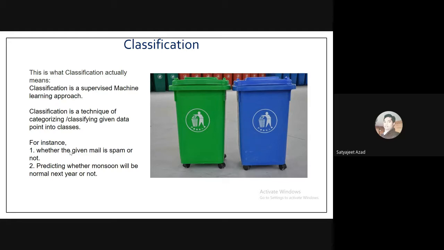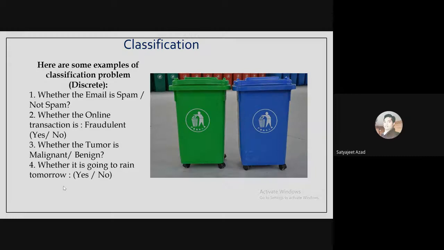Predicting whether there will be a monsoon next year or not is also a classical classification problem, because you are trying to predict into two classes: whether there will be rain or not. Classification could also be fraudulent transactions. Most e-commerce companies track this, and fintech companies also deal with this and apply blockchain technology.